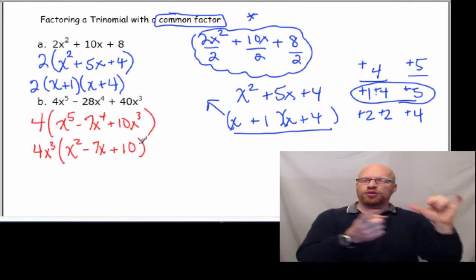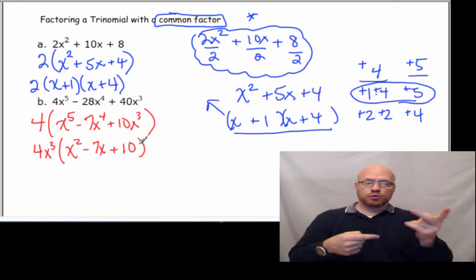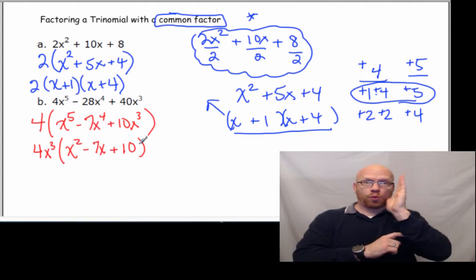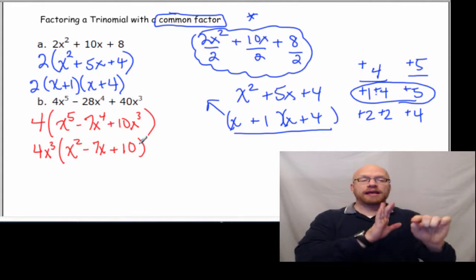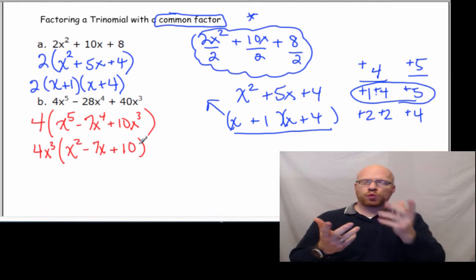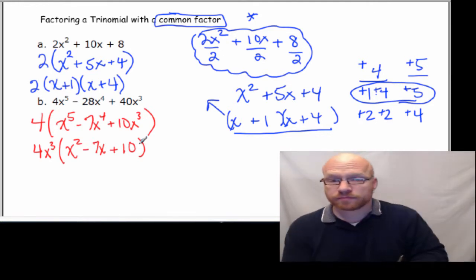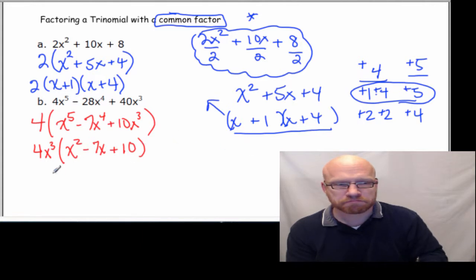Now, looking at the trinomial there, I can factor that. The negative 7 tells me the two factors added together will be negative. The positive 10 tells me the two factors have to match: positive, positive, or negative, negative.